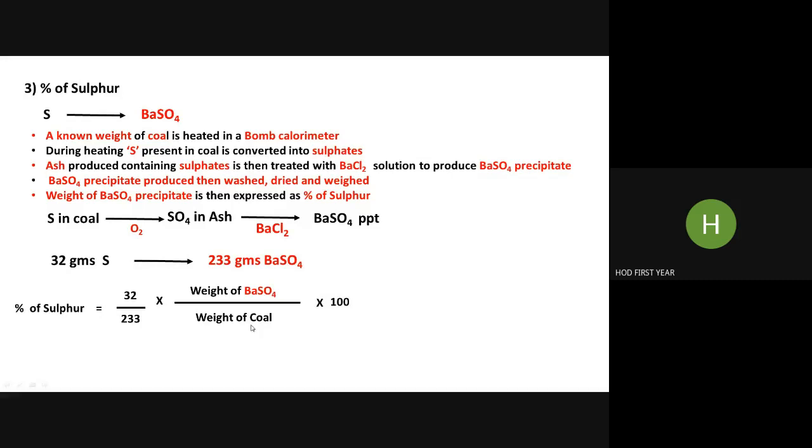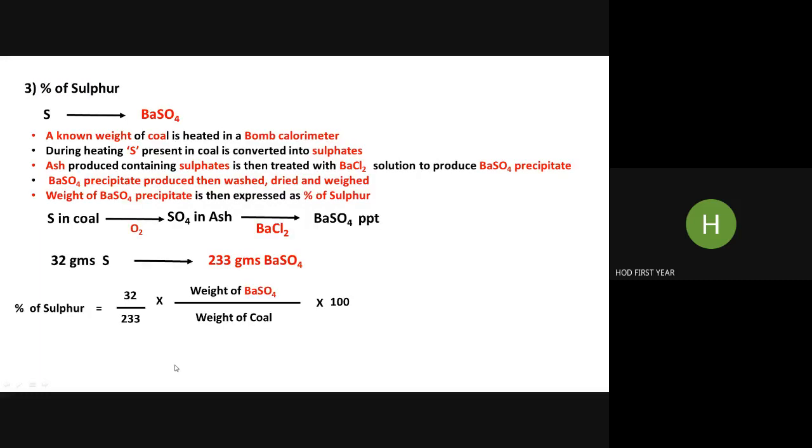That's all. So you will get the percentage of sulfur. Once you know the weight of BaSO4 and the weight of coal, substitute in this formula and get the percentage of sulfur. Understood? This is very easy to understand.